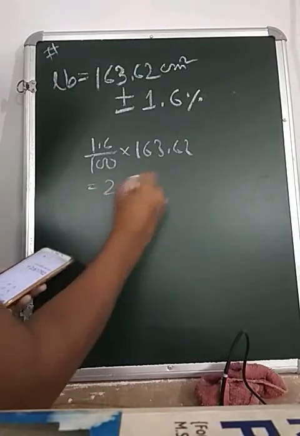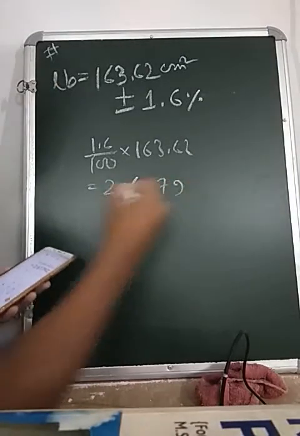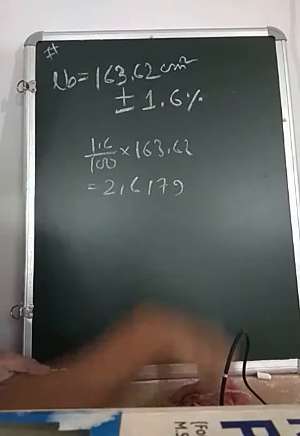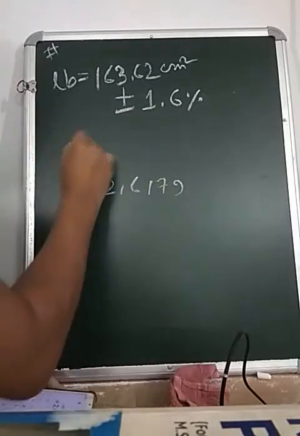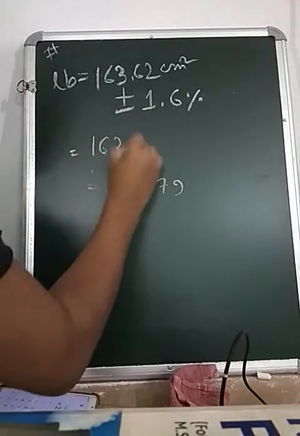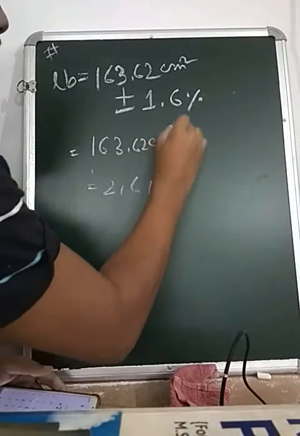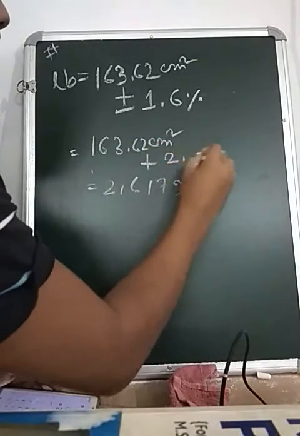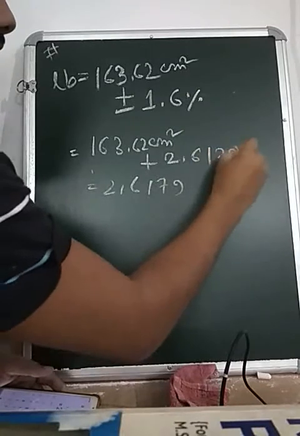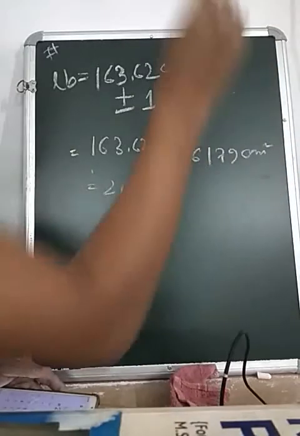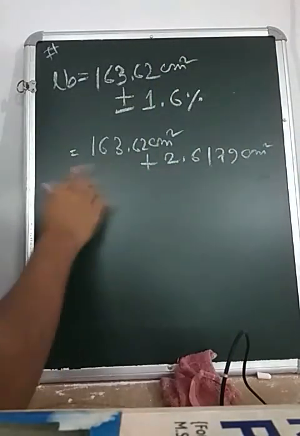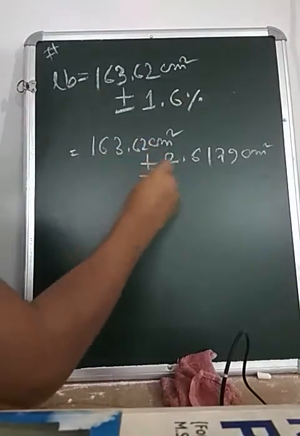It will be 2.6179. Okay, so the final result will be represented as 163.62 centimeter square plus minus 2.6179 centimeter square. Okay, this is the reliable term and this is the error term.